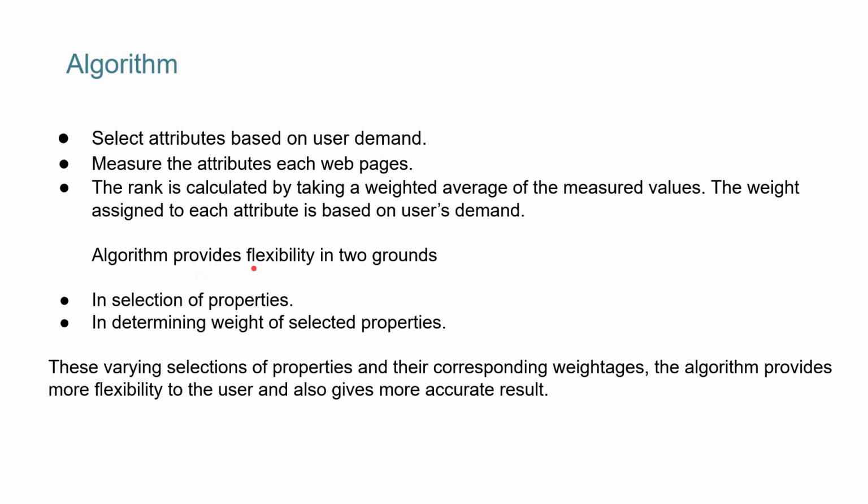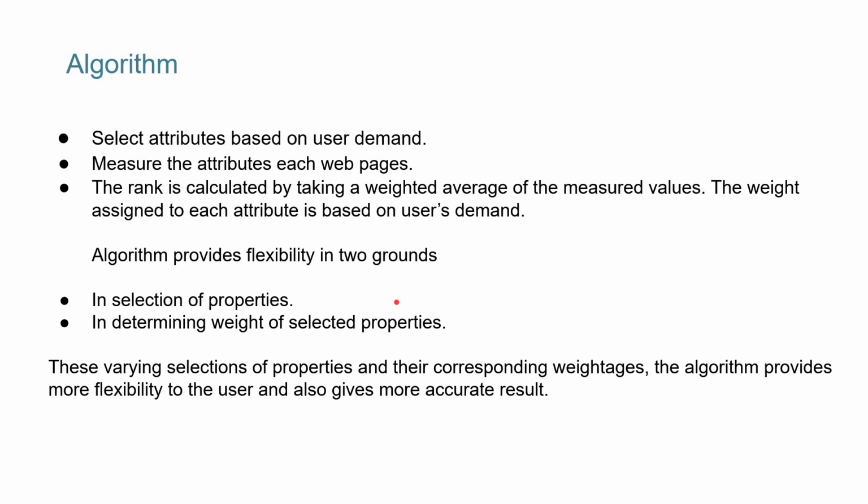Now this algorithm provides flexibility on two grounds. First, in selection of properties. For example, when the user's demand is an index page, the number of hyperlinks of the page will be measured, whereas, let's say, number of images or text to image proportion will not be measured. Second, in determining the weight of selected properties, the selected attributes get different weights for different user demands.